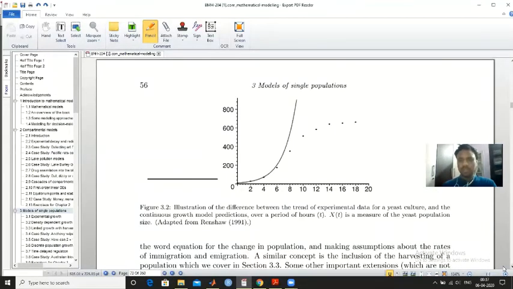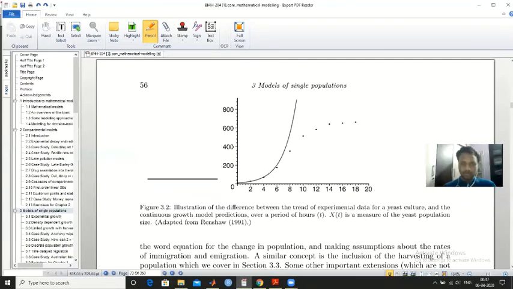Now next we discuss the real scenario. What is the real scenario? Actually, this is the actual graph of any species.